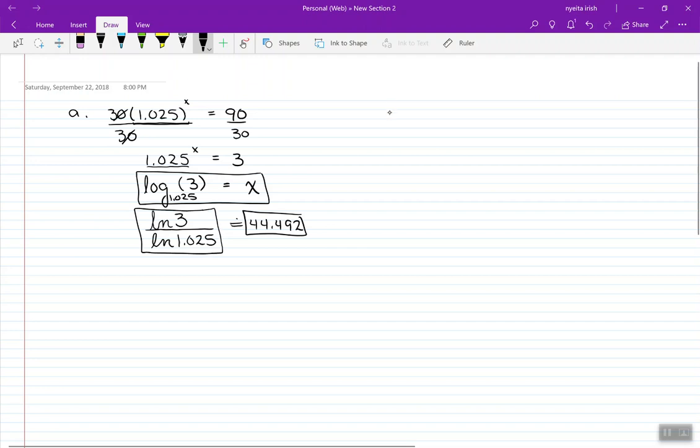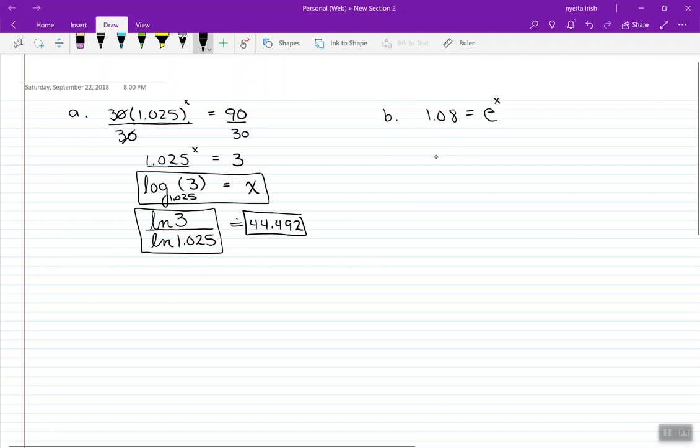For part B, I have 1.08 equals e to the x. My exponential is by itself. There's nothing being added or multiplied to this. So I need to get rid of the exponential by using logarithms.